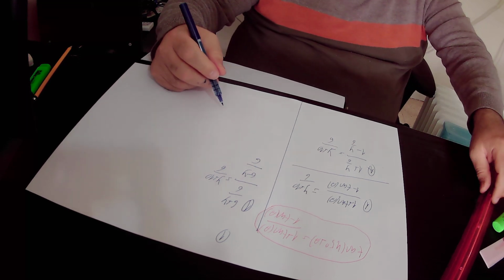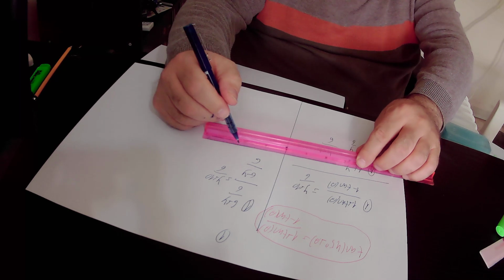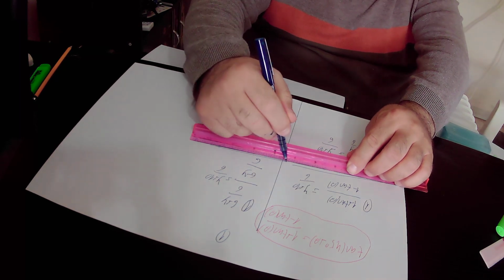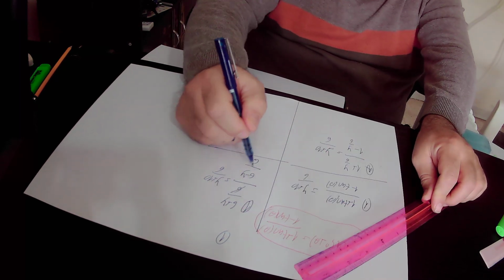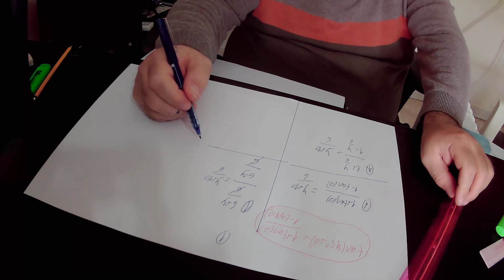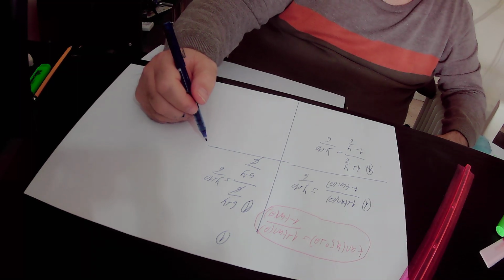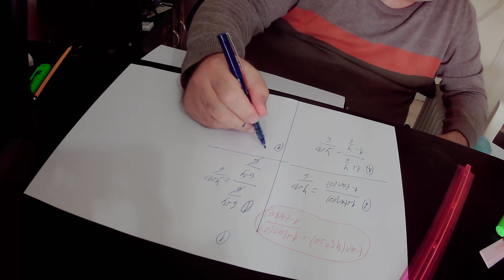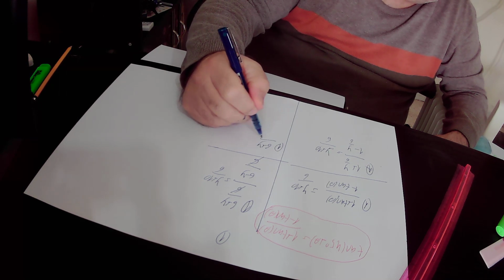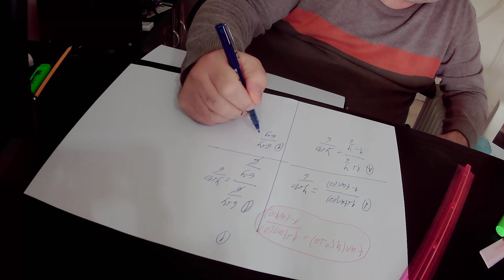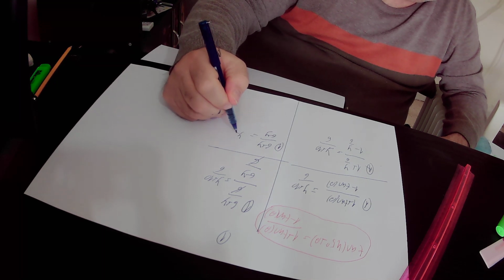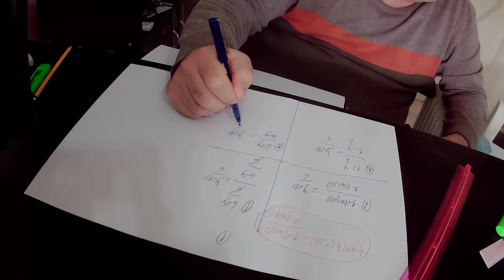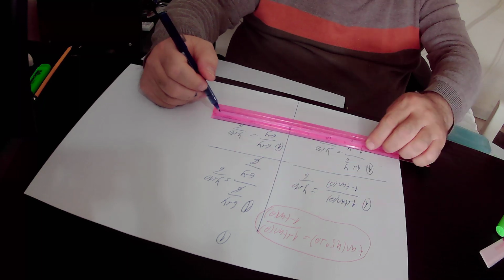So here we have 6 in the numerator and 6 in the denominator, so 6 will get cancelled. What is left from equation number 1 after we cancelled 6? It is actually 6 plus y over 6 minus y equals y plus 10 over 6. Okay?